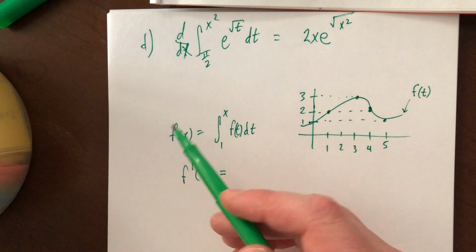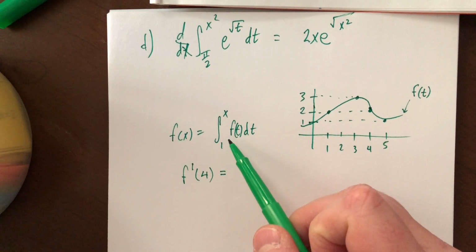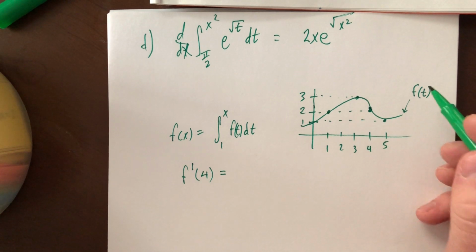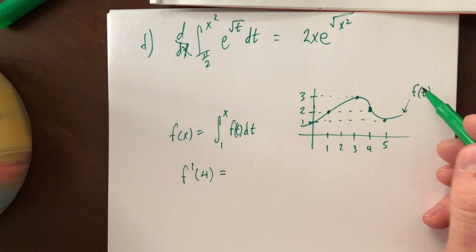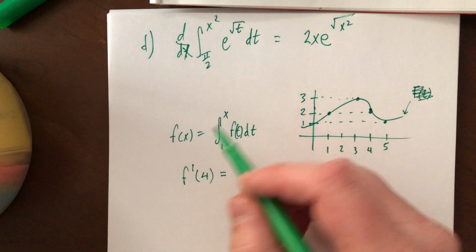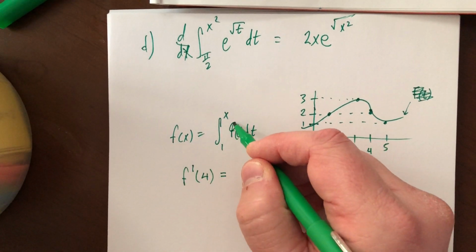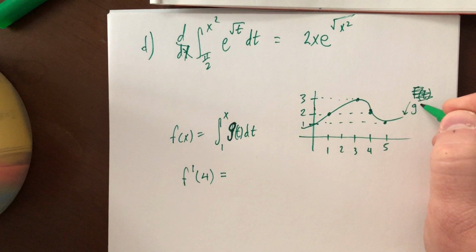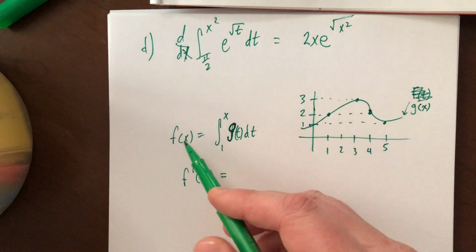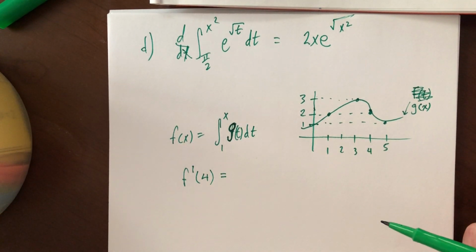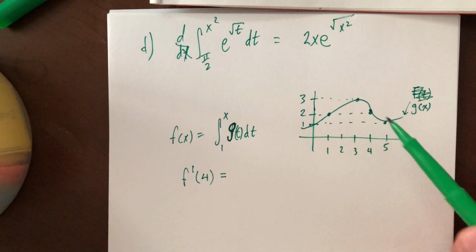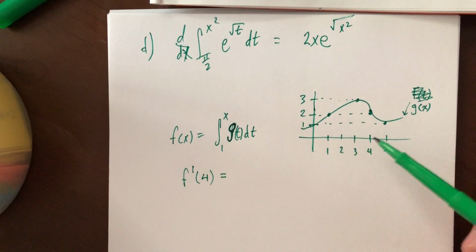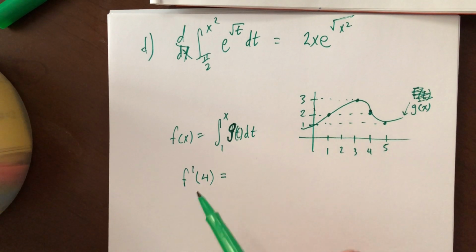So there's some other function we're going to call f of x, and it's equal to the integral of this function. Oh my goodness, they'll usually use different letters. There. Okay, so we'll call this guy g of x, and we're saying f of x is the integral of this guy. I got my labels wrong. So this is some graph, we'll call it g, and f of x is the integral of our graph here. So what's f prime of 4?